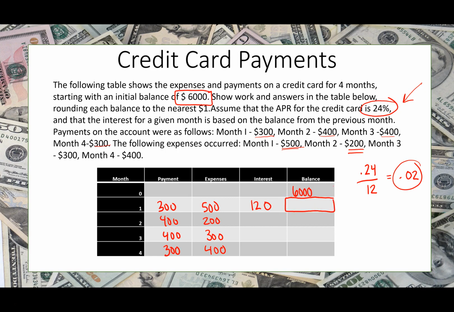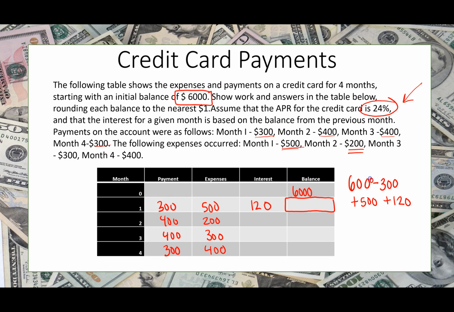Okay, so how are we going to get this balance? Well, first of all, we owe $6,000, but we paid off $300, so that's a payment, so we're subtracting it from how much we owe. But unfortunately, we're adding $500 to our debt because we're buying something with our credit card. And we're also adding $120 to our debt. So the only thing you can subtract is what you're paying off. Everything else you're adding. So what do we get here?